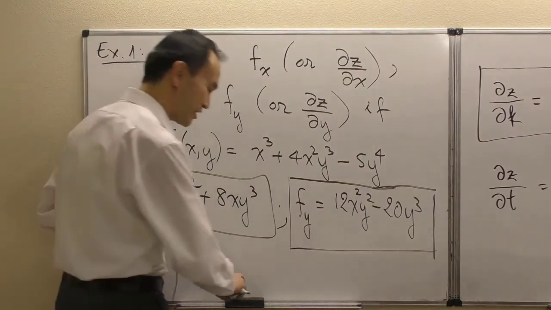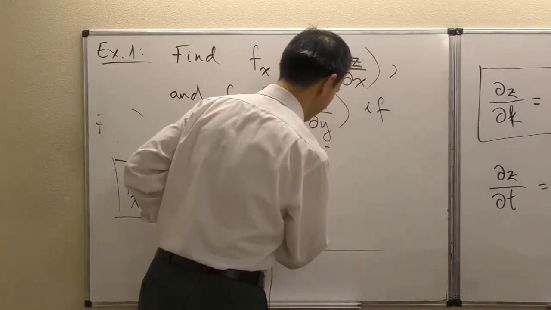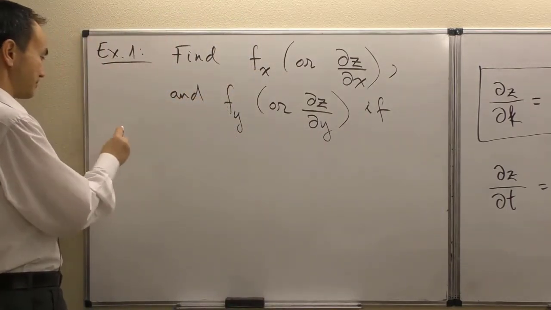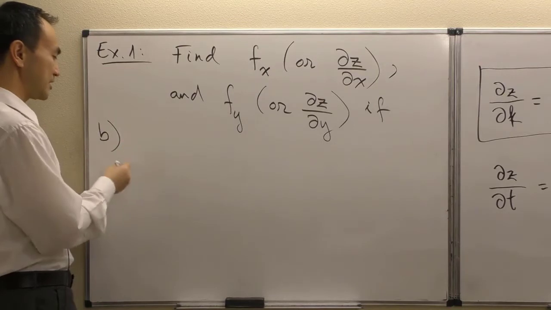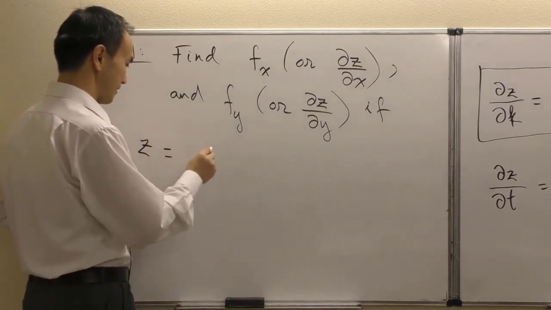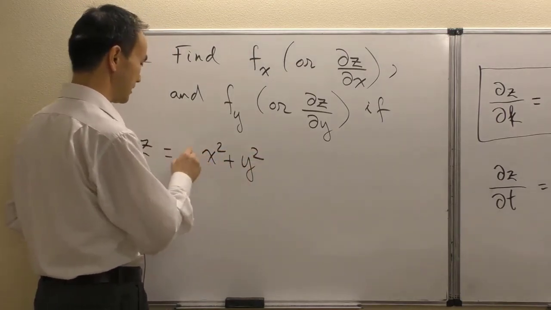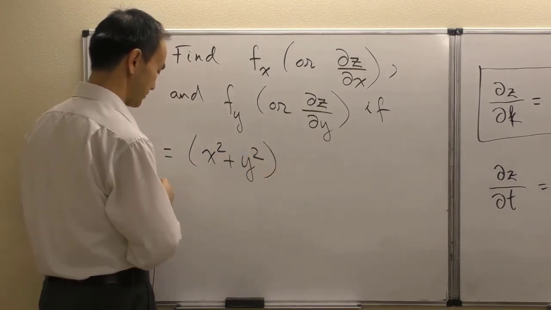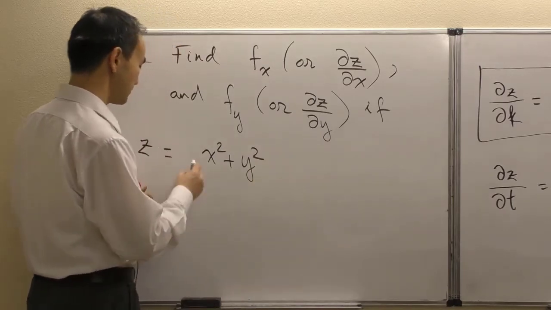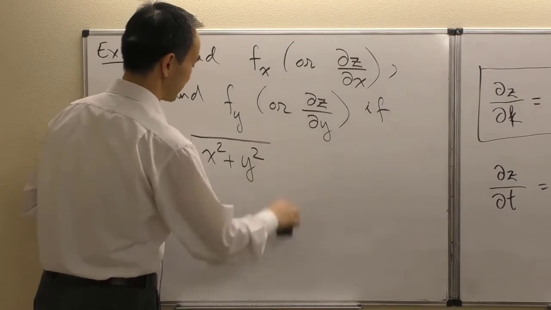All right, so now let's look into part B of our example. In part B of the example, let's look at how about z equals the square root of x squared plus y squared.